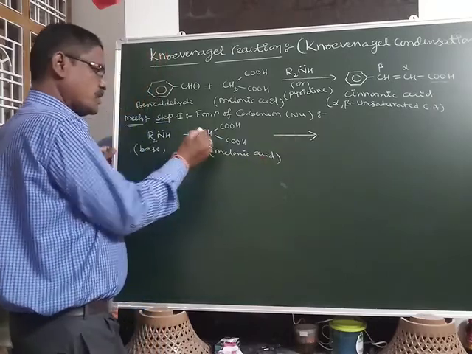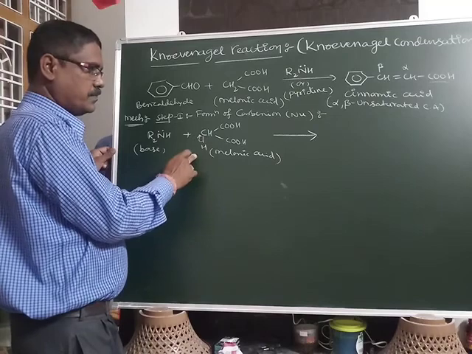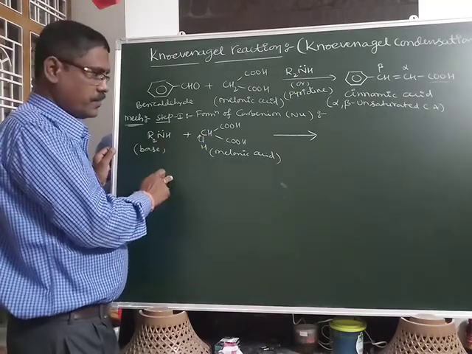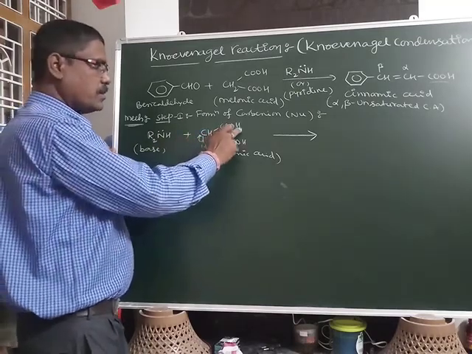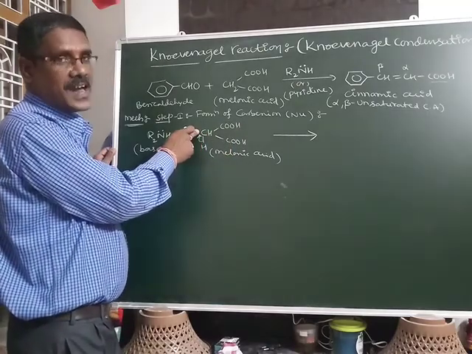It reacts, and as an acid it will give an H plus ion from here. This is the active methylene group only. Compared with the other H plus ion, this hydrogen is highly reactive.